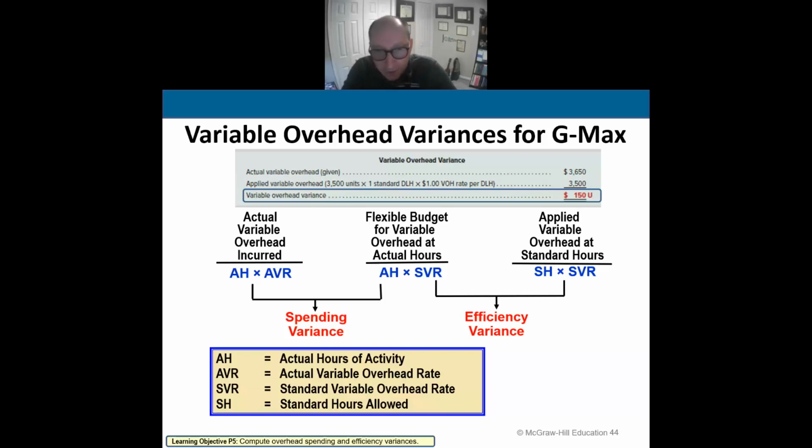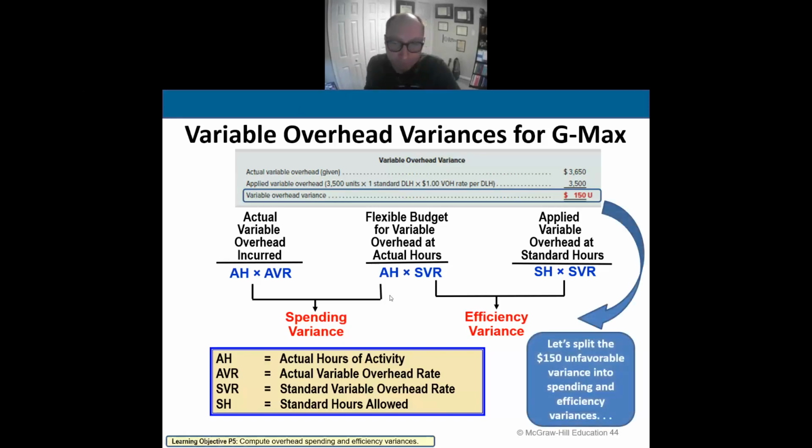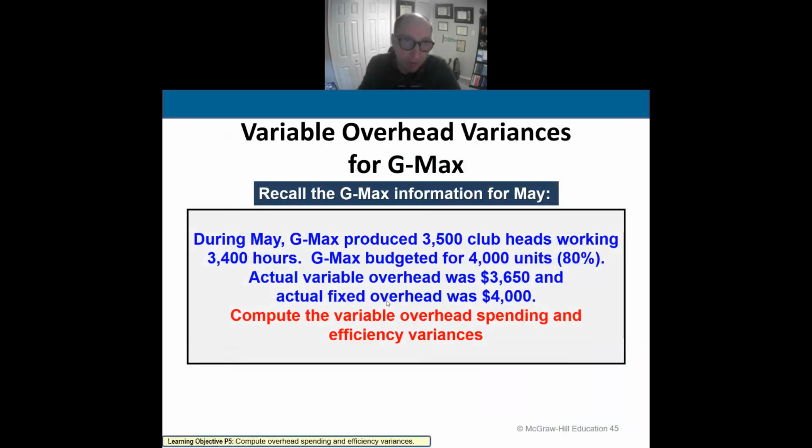And then we find the efficiency variance: actual overhead times the standard variable rate minus the standard overhead times the standard variable rate. So looking at our example, we can compute the variable overhead spending and efficiency variances by plugging in the values.